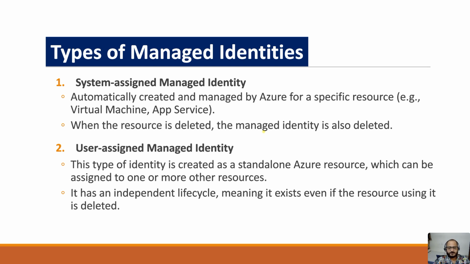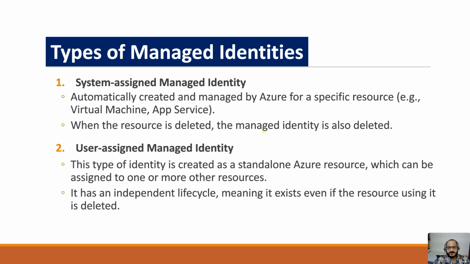You just have to use that managed identity, and Microsoft will do all the rest. Also, if you delete that virtual machine, then the system assigned managed identity will also be deleted. So whenever you are choosing identities, you have to keep in mind which one to choose. System assigned is completely managed by Microsoft, and as soon as you delete the resource, that system assigned identity will be gone.